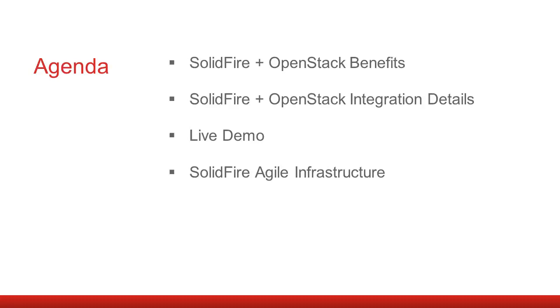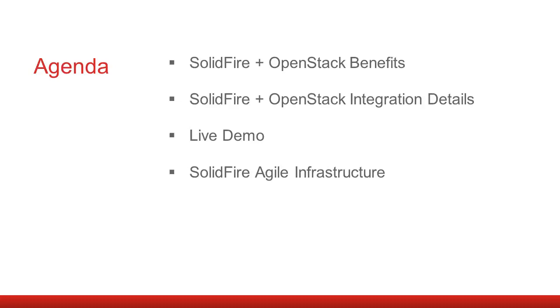What are we going to talk about today? Well, really three main points with a demo in the middle. The first point is the benefits of OpenStack and SolidFire, and really why the architectures are designed for each other. The second area we'll go into is SolidFire and OpenStack, the actual integration details. We firmly believe SolidFire has the deepest, most complete OpenStack integration in the industry today.